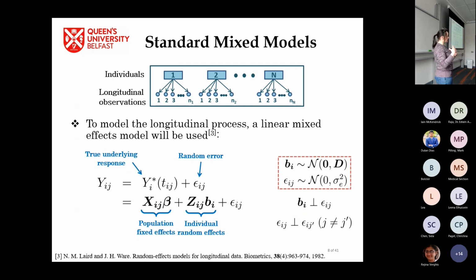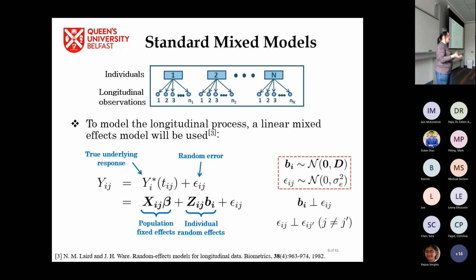Now, if we think about this in terms of the fixed effects, that's quite similar to the coefficients that we get out from our standard linear models. But within repeated measurements, longitudinal data, we naturally have clustering where the observations within one patient are more related to their own measurements than to other patients.